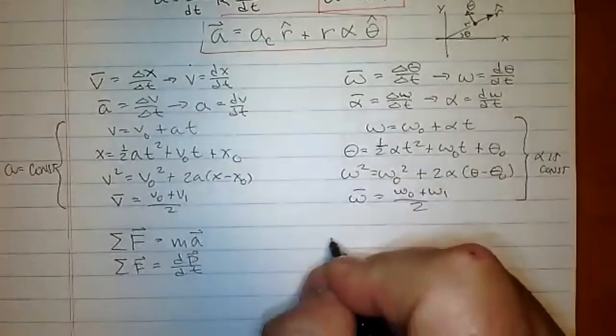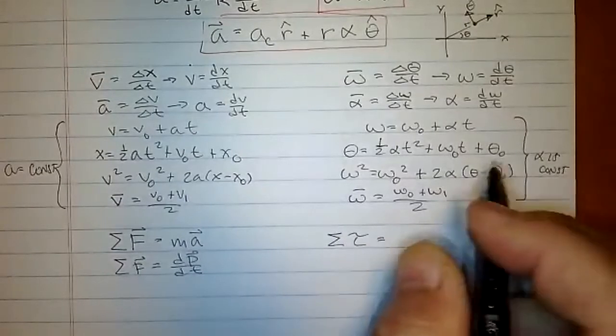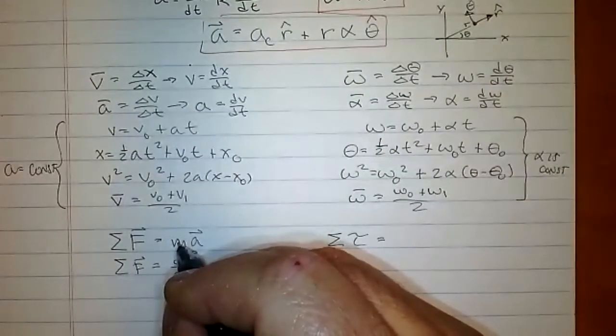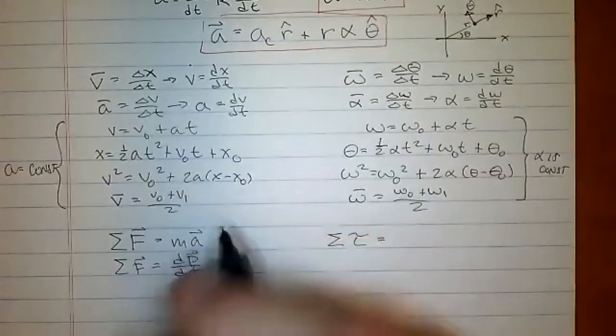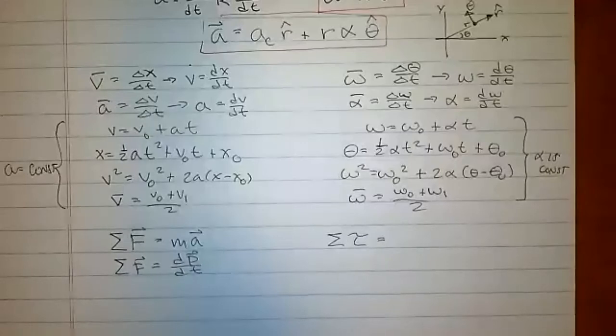So this becomes the summation of the torques is equal to, and there's an analog to M. That analog is something that acts like inertia, but it is more geared towards whether something's rotating to speed up as opposed to whether something is speeding up along a straight line.